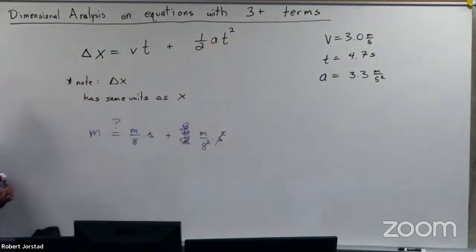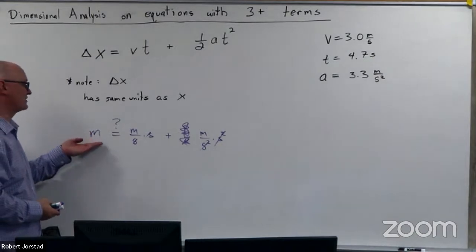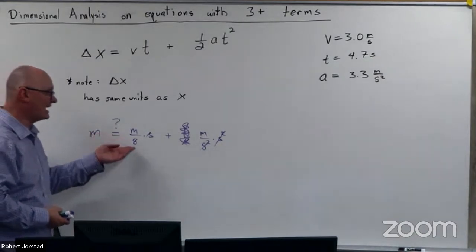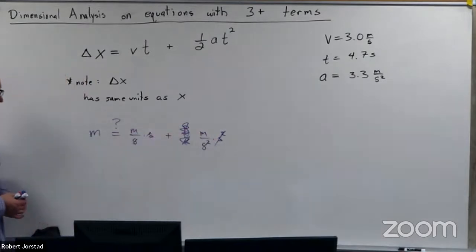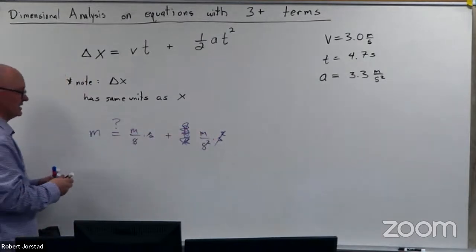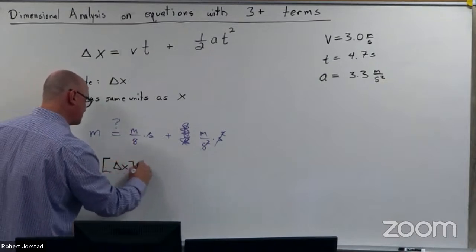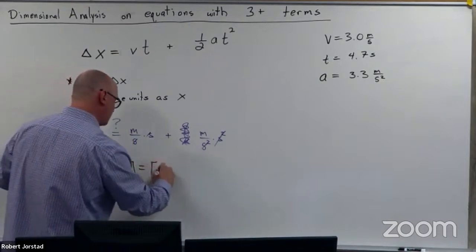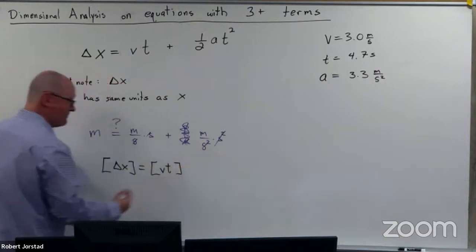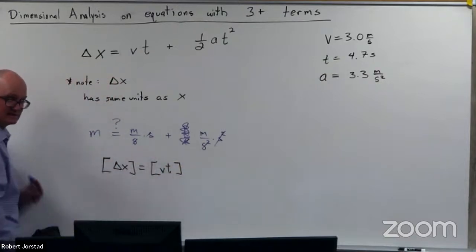And notice this fact. We see that on this side, the units of one term are equal to either of these two terms. Said with these unit math brackets, we're assuming that the units of delta X should equal the units of VT. Now, I'm not saying that delta X equals VT here.